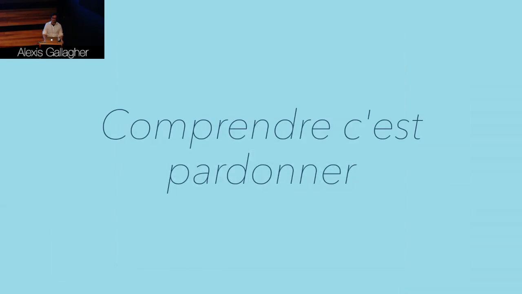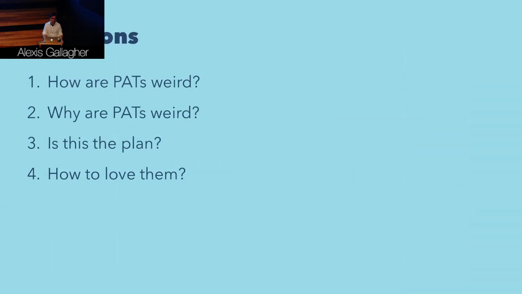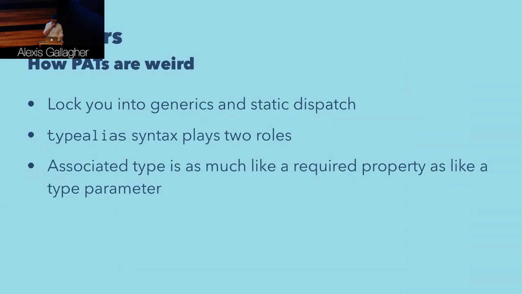But again, I'd say, to understand is to forgive, and understanding why PATs work the way they do gives us some perspective. So let me just review the four questions, hopefully to pull all this into some kind of shape. How are PATs weird? I think the essence of it is that they lock you into generics and static dispatch, which maybe was not what you wanted.